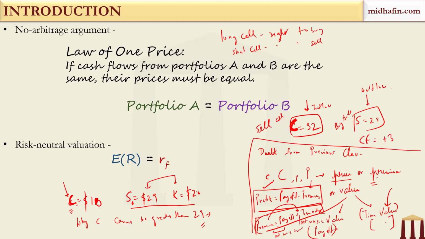Again, this analysis will hold true for European also, because it can be shown that even at expiry, if ST is greater than K, the call will be exercised and you will deliver your stock and receive the strike price. But let's say right now, immediately, the option is exercised.